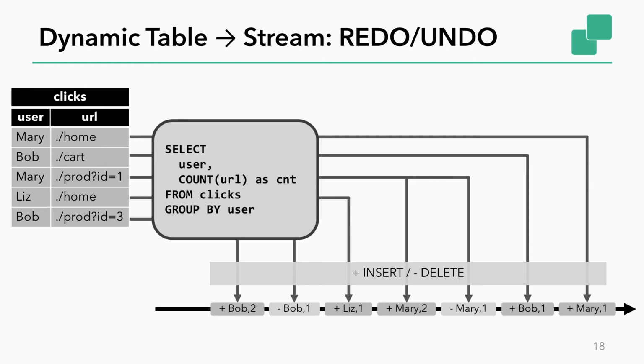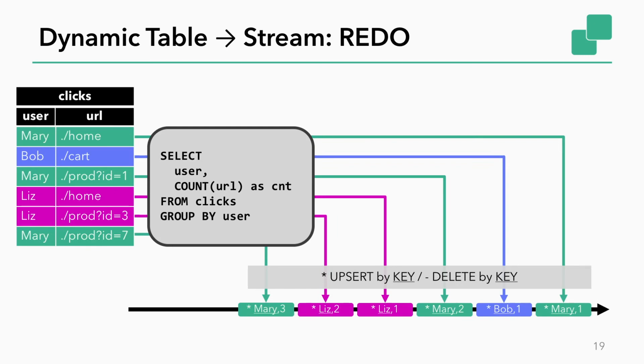And then we say, please insert this record. For Mary, we now have a count of 2, and so on. So whenever we have to update an existing record, we send out a retraction value, which removes a row, and then an insertion.